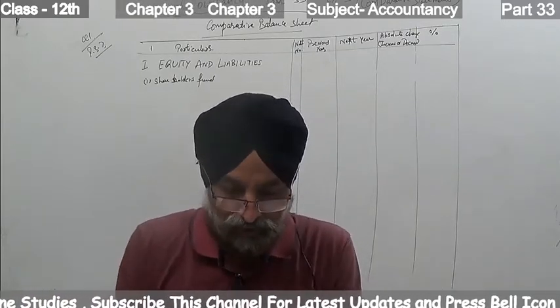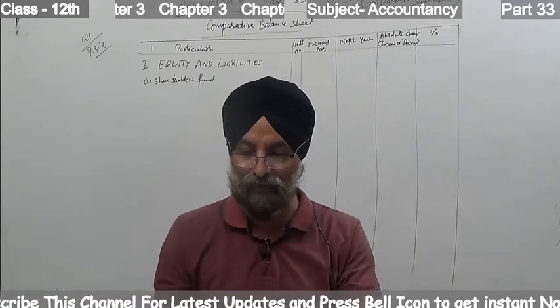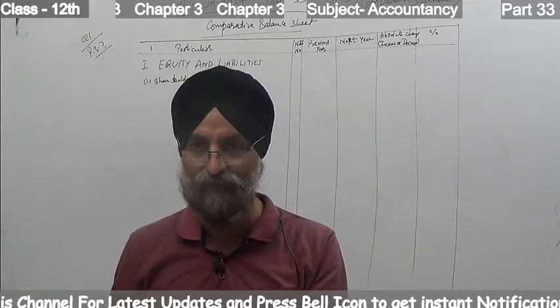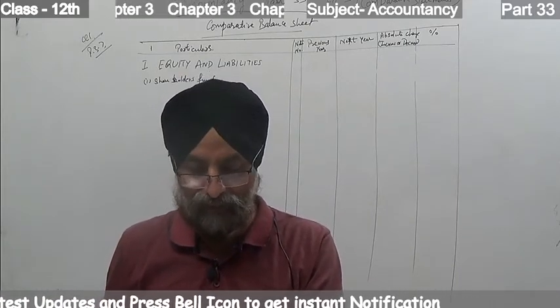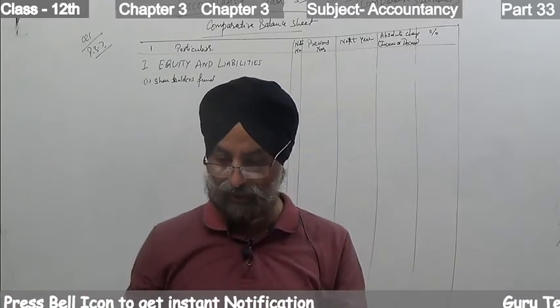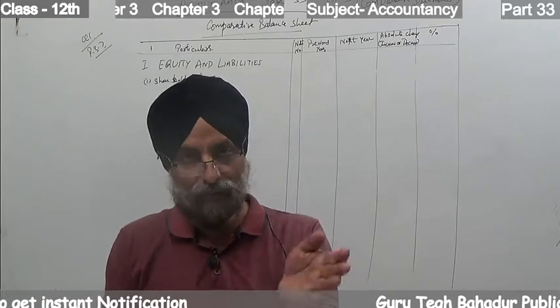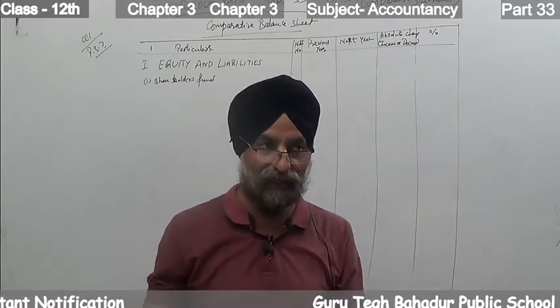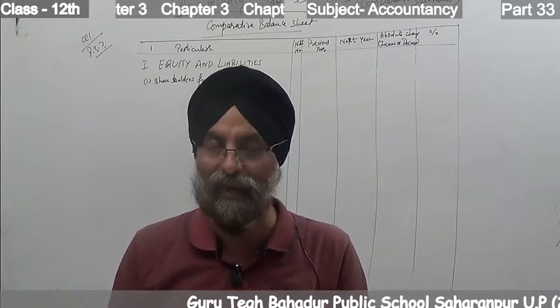Under shareholders' fund, share capital is rupees 10 lakh for March 19 and 5 lakh for March 18. Reserves are given, non-current liabilities values are given, current liabilities values are given, and the total of the balance sheet is also given. Also the values of assets are given for both years, 2018 and closing March 2019. You are required to prepare a comparative balance sheet.